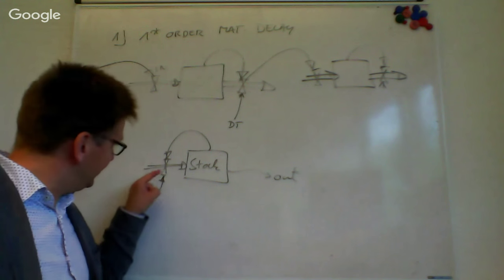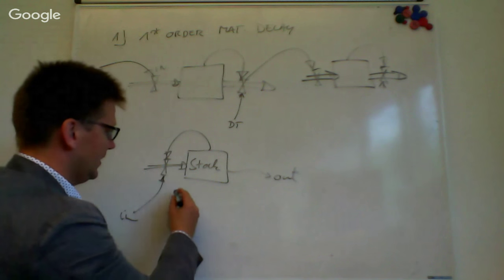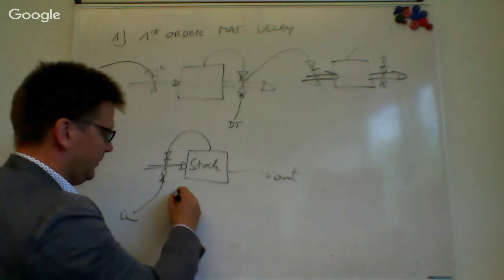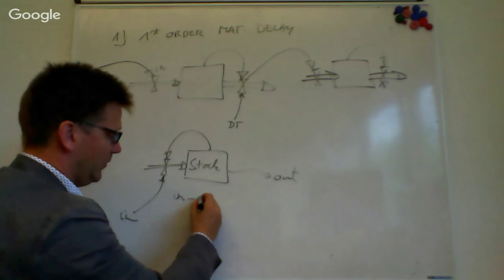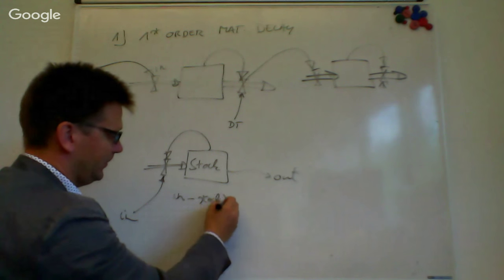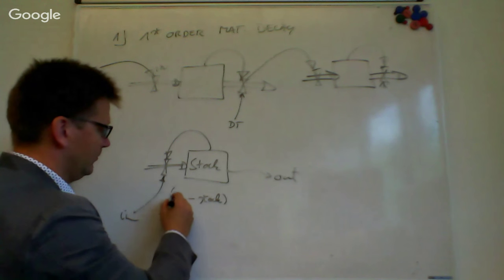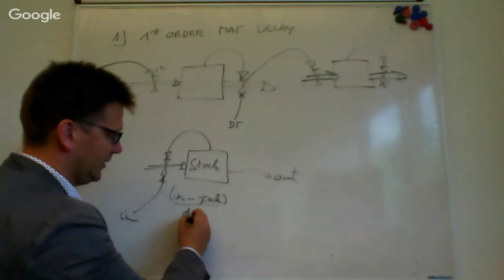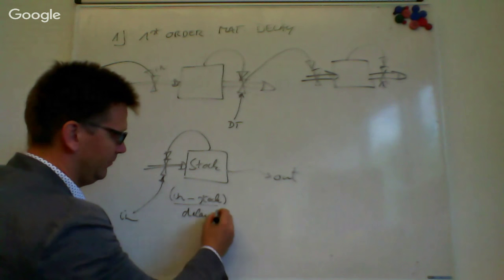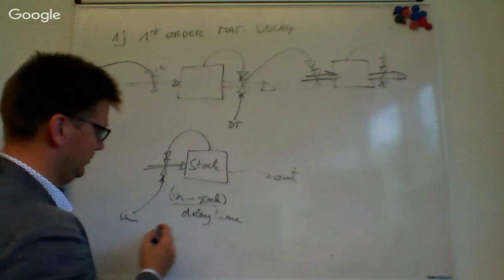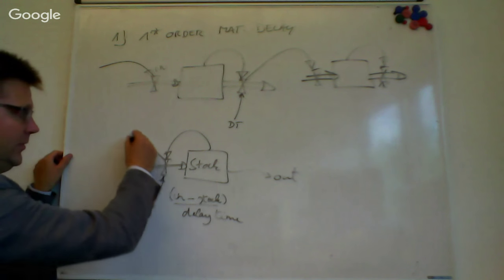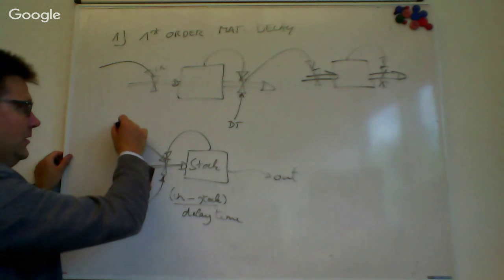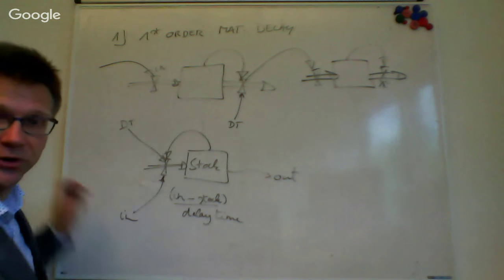The equation in our inflow is actually the value of in minus the stock value divided by the delay time. So here we also need to add the delay time, which we also had there.